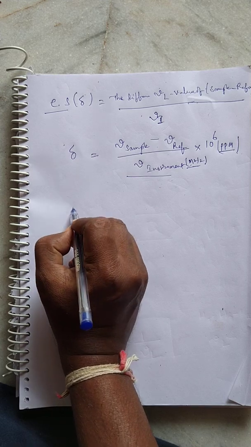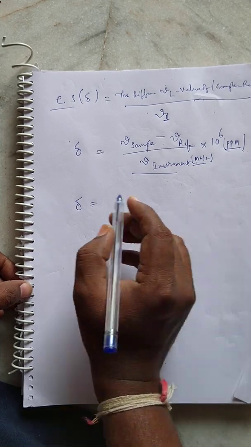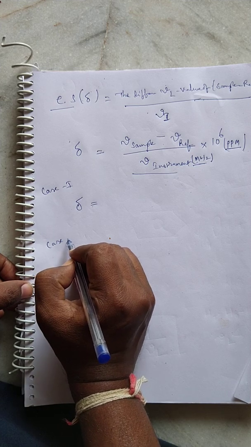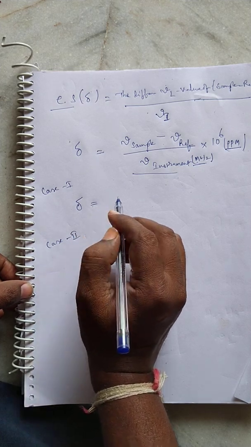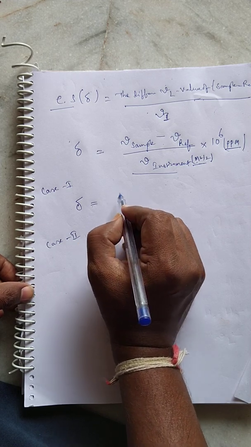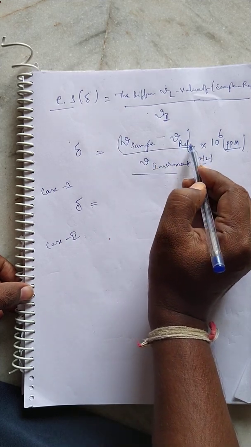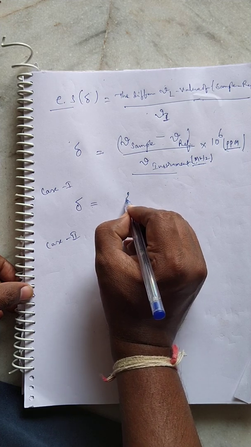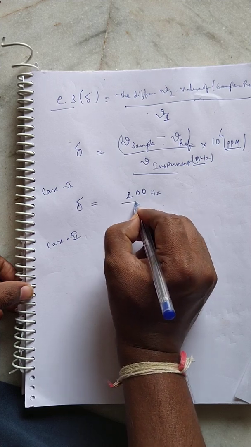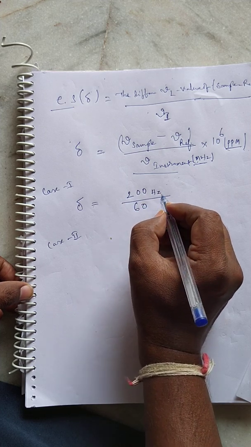And so let us find out the above cases, case 1 and case 2, for both HA proton and HB proton. In case 1, for the HA proton the difference between lambda sample and lambda reference, the chemical shift, is 200 hertz, and there we are using 60 megahertz.